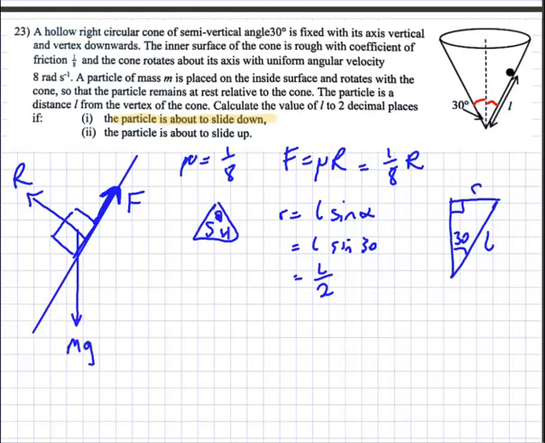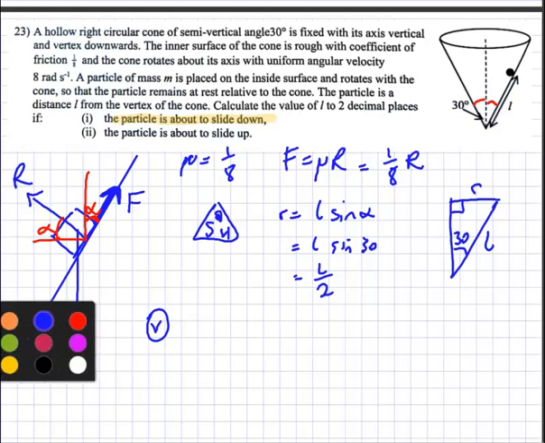If we now start looking at the forces acting vertically, because it's not going up nor down, the forces are cancelling each other out, and we appreciate that the angle there is 30, the angle there is 30. So we can work out the vertical part of the friction and the vertical part of our reaction.